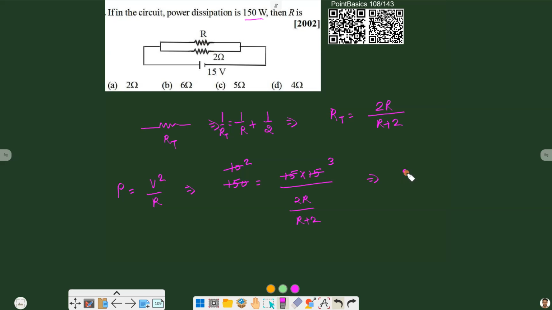So we have 2 equals 3 times R plus 2 divided by 2R. So 4R is equal to 3R plus 6, and from this R is equal to 6 ohm. That is option B. Moving to the next one.